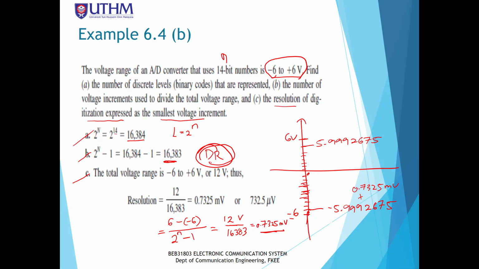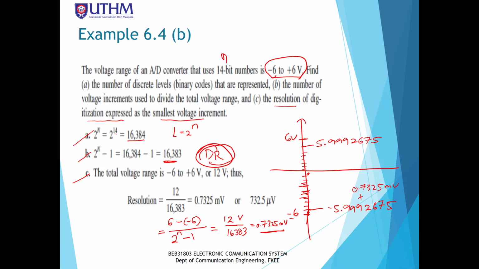Where the students have been asked to determine the voltage for each level. When you want to do that, make sure you know the range, the resolution, and how many levels. So the step size would be the total range of voltage divided by the dynamic range, 2 power of n minus 1. So you get the resolution or the step size.